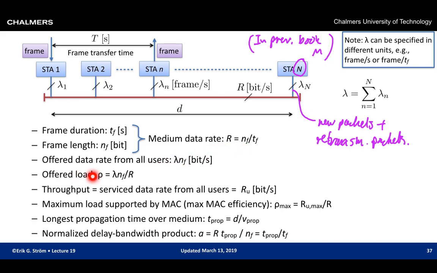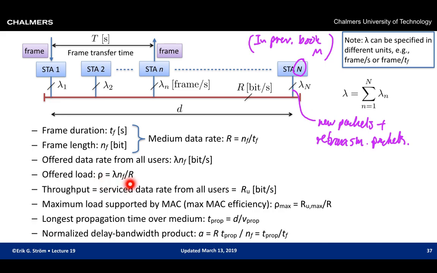The offered data rate is the aggregated data from all the users: lambda, the total number of frames generated per second, times NF, the number of bits per frame, which gives bits per second. The load is how much the offered traffic is in relationship to the capacity of the medium, so it's lambda times NF divided by R.